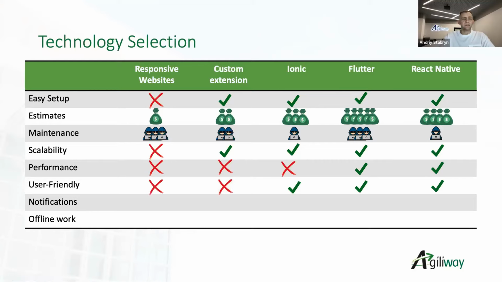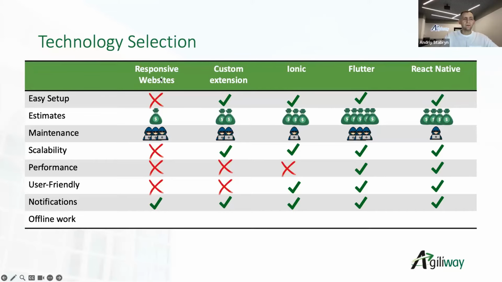The next item is user-friendliness. A responsive website and custom extension might lack user-friendliness on mobile devices due to the challenges of adapting a desktop-oriented interface. Ionic offers a good experience, and Flutter and React Native a great experience with a smooth and familiar interface like the ones in regular apps.